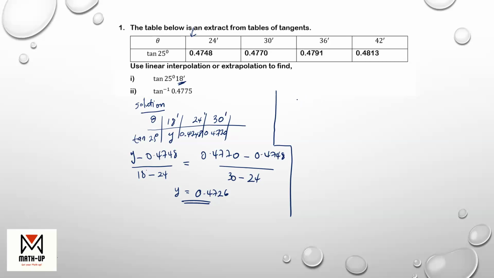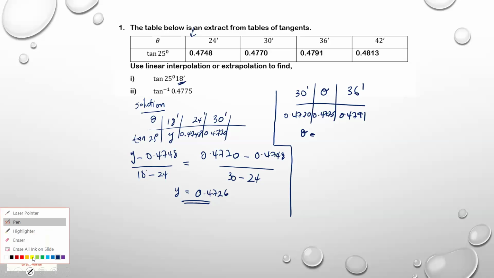So I'm going to sketch a table, and I'm looking for the minutes between the two. Here I have 0.4770, we have 0.4775, and you have 0.4791.